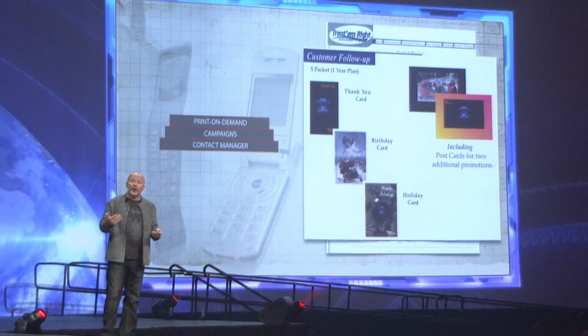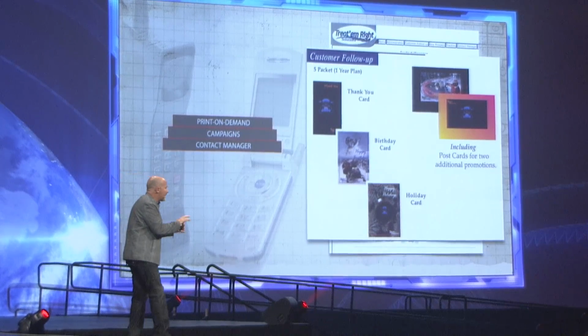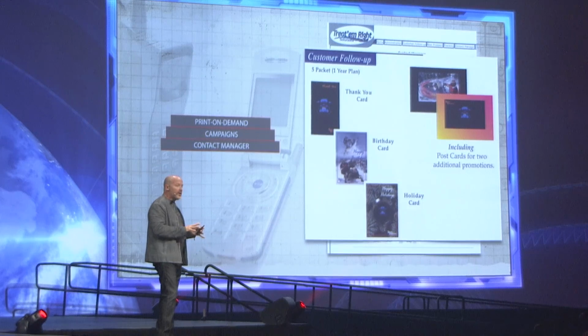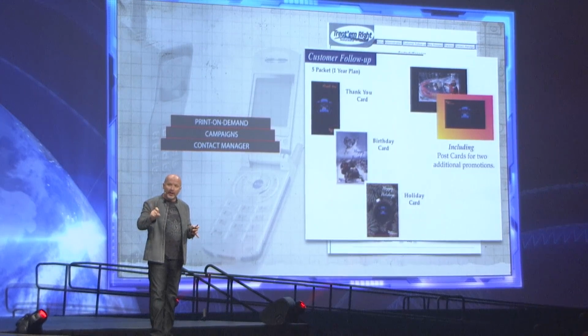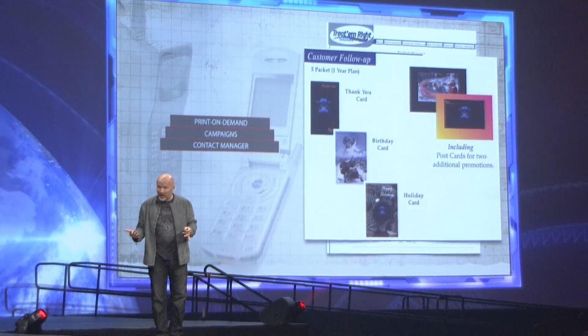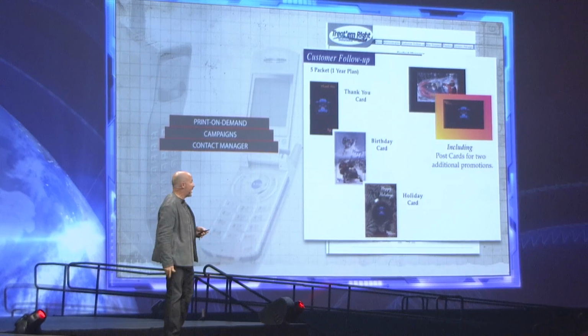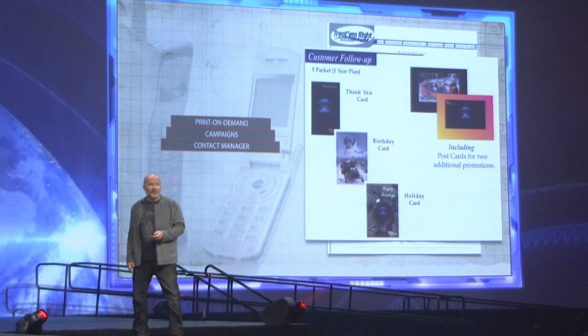When somebody bought a new car or a new motorcycle, they would go in and type in the name, the address of the person, and they would click which campaign they wanted to send, click, it'd send it over to our system. And to this day, we are still sending out campaigns for some of those original companies. So that's part of the evolution of this thing. Kind of cool.